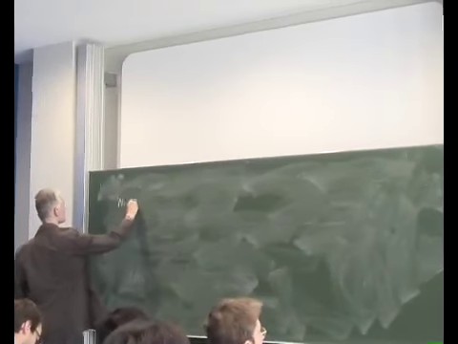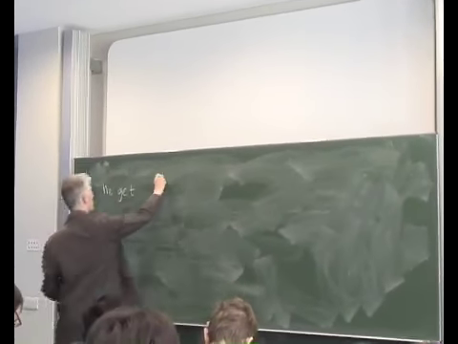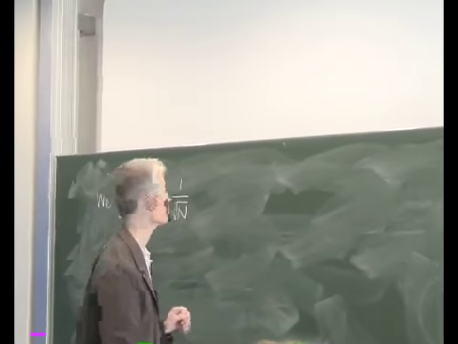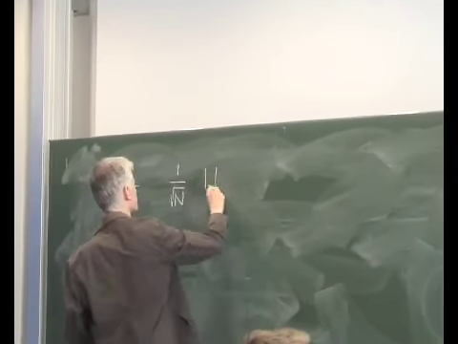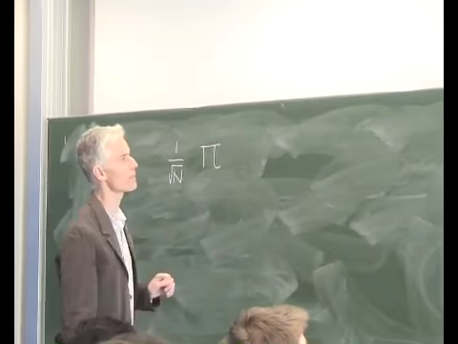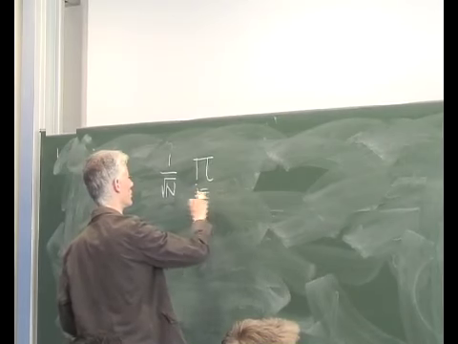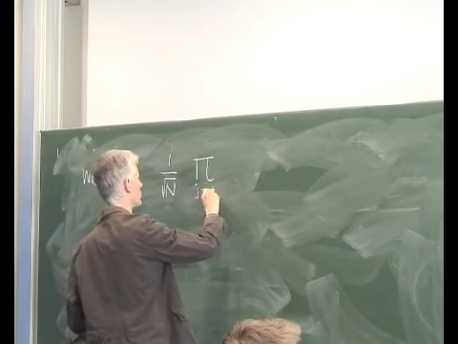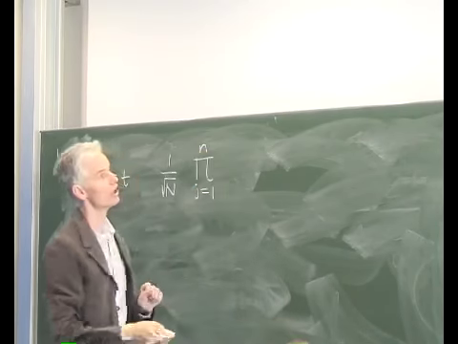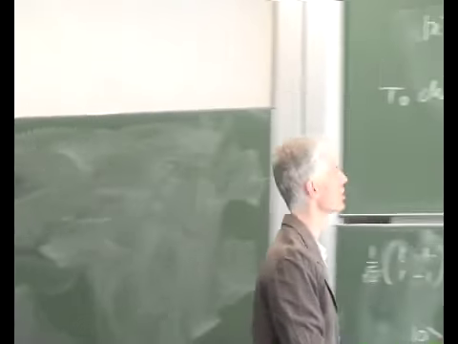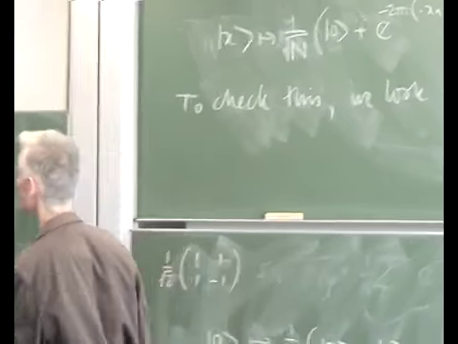So we get 1 over root N times the product over j equals 1 to n. And I want to pick out a 1, which I won't bother to mention, every time Ri is 0.